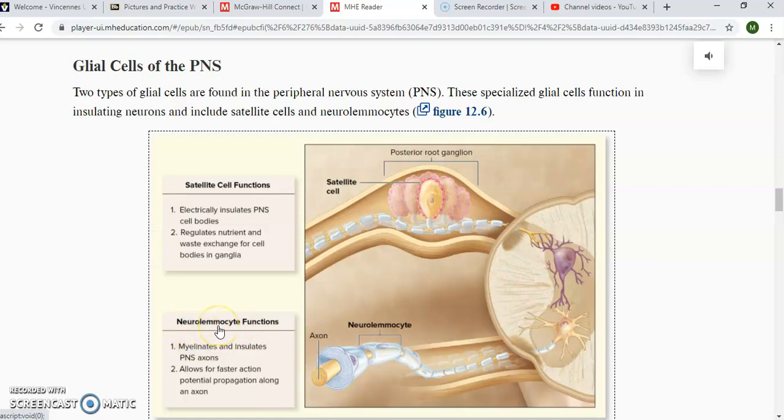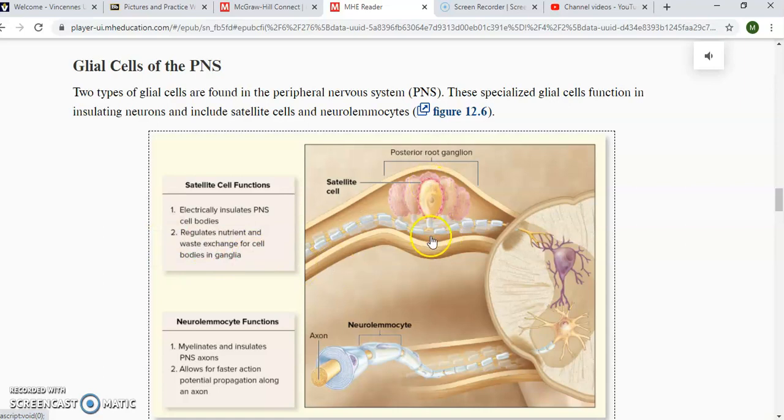But neurolemocyte is what this book uses, so either one will work. This is in the peripheral nervous system, so these are going to be surrounding the structures that are associated with the nerves, like the ganglion and the nerves. The satellite cells work similar to the astrocytes in the CNS.